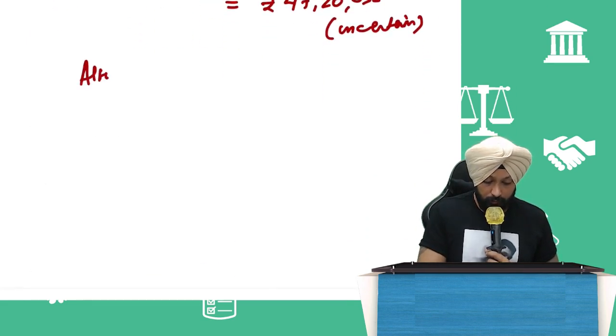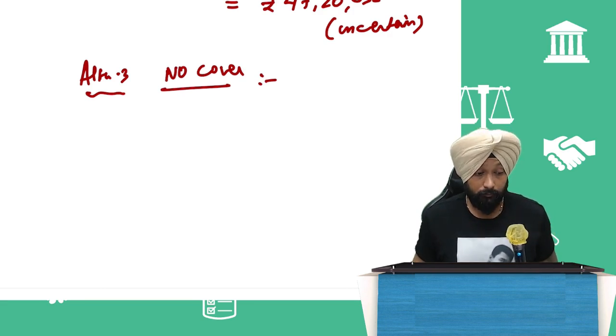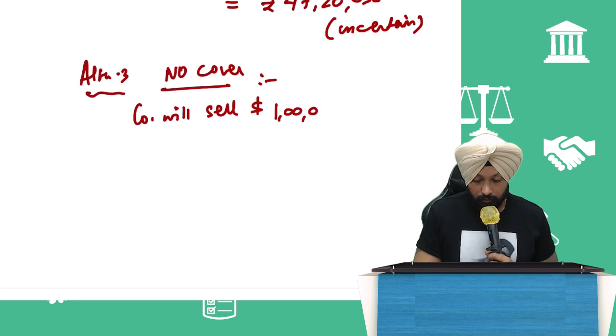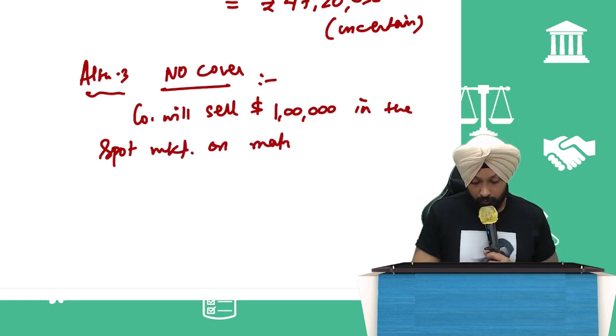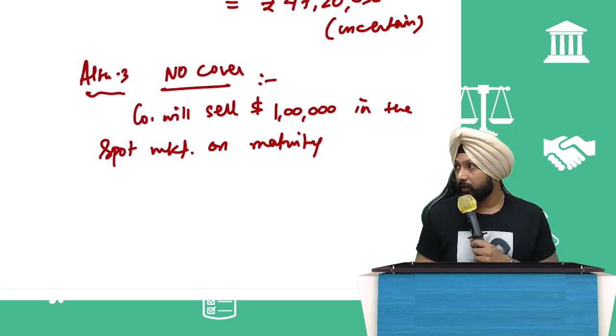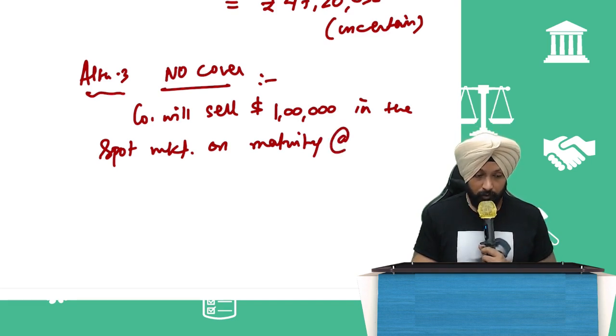Alternative 3, no cover. The company will sell $1 lakh in the spot market on maturity at the rate of 0.02133.